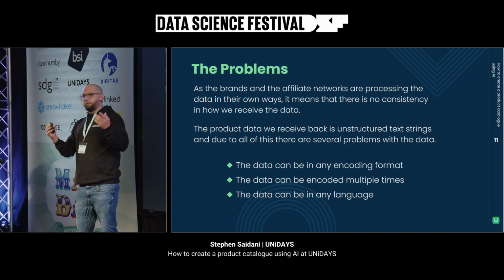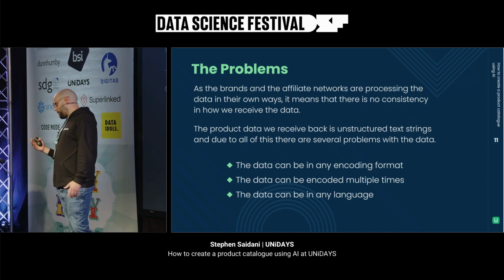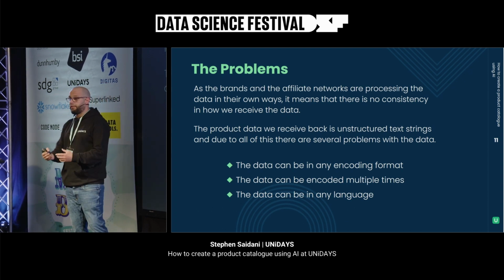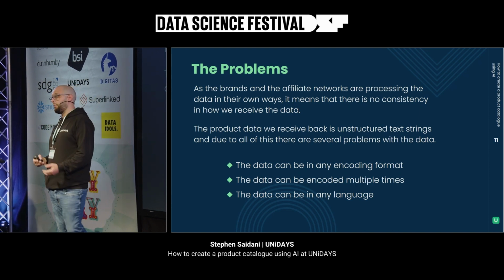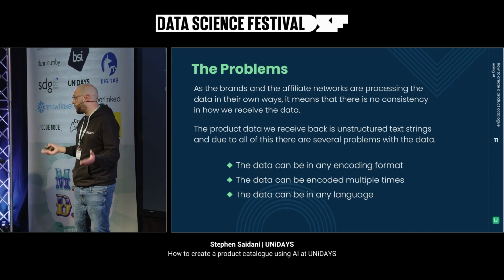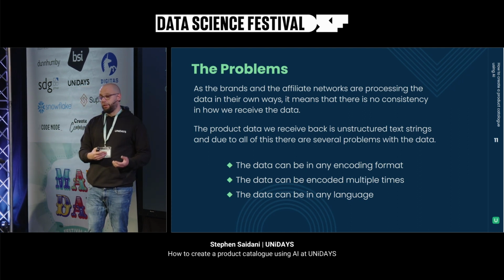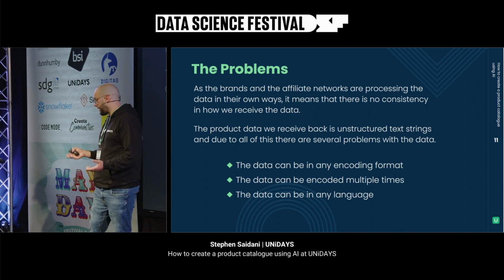Because we've got all of these steps causing processing, there tends to be a lot of problems with this data. Each brand's processing their data in their own way, they're causing their own encoding, they're structuring it in their own way. Once that gets to the affiliate network, they're doing a load of their own processing on that, altering it, changing it to structure in their own way.